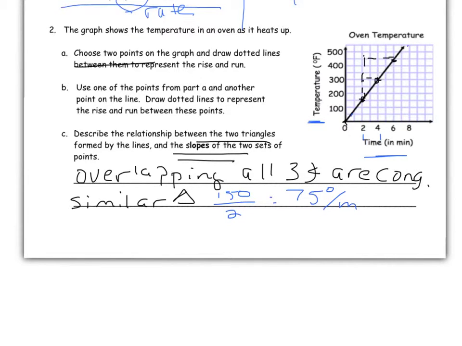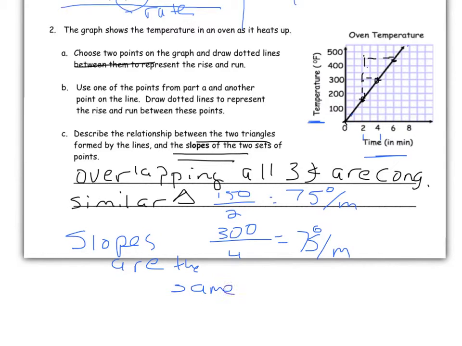And then I could look at my other one. We went from 150 all the way up to 450, which was 300 for 4, which also is 75 degrees per minute. So I could say the slopes are the same.